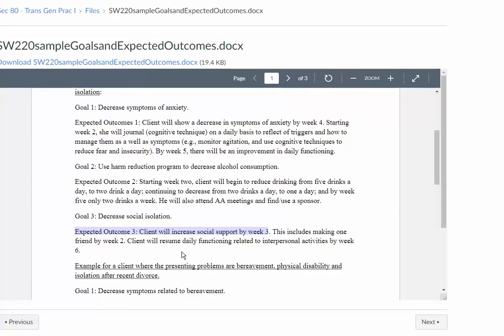And then I would probably say by week 2, client has reached out to 2 friends. You get the idea. And client will resume daily functioning related to interpersonal activities by week 6. To me, that outcome is a little vague, so I would want it to be more specific. But what you're seeing here is there's a big variation range on what people consider to be good outcomes.